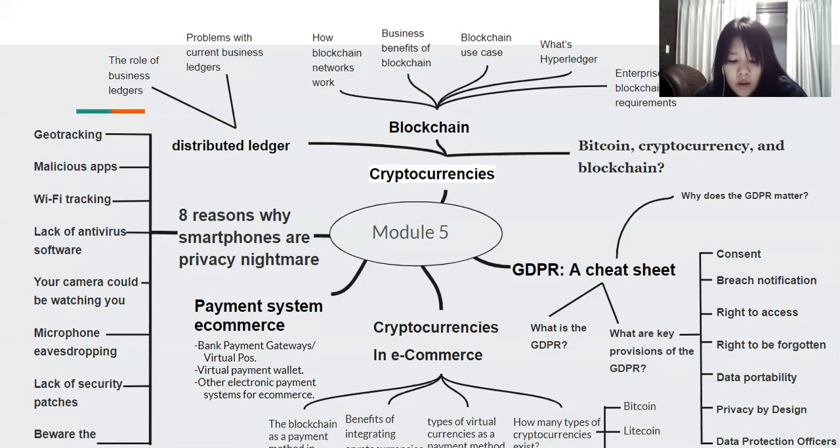It has security and it provides reliability to all transactions made electronically. There are types of virtual currencies as a payment method in e-commerce. Each type has unique characteristics and different market value depending on the law of demand and supply.